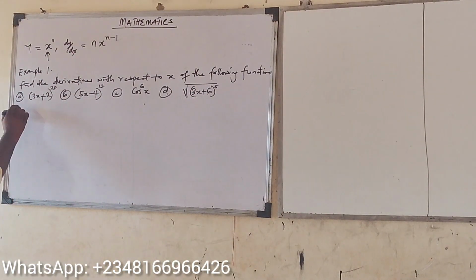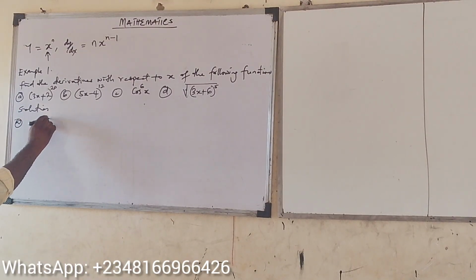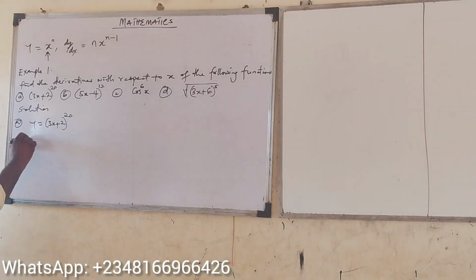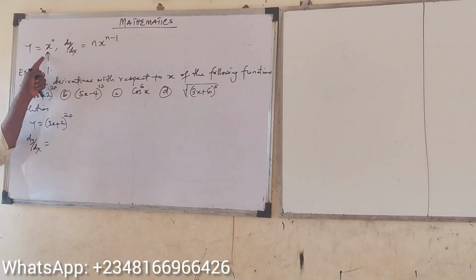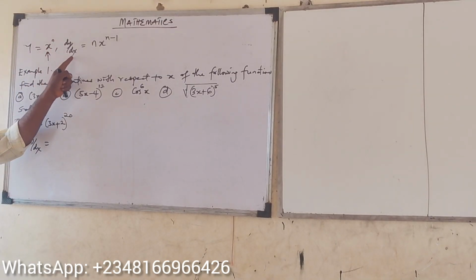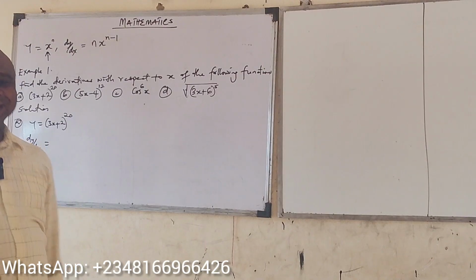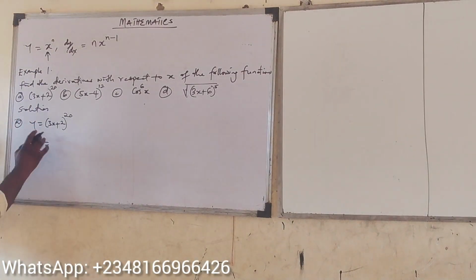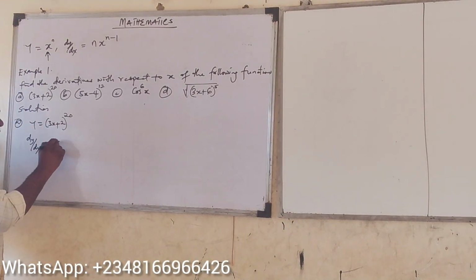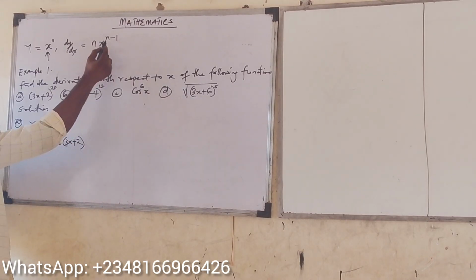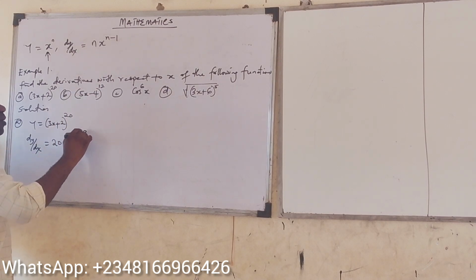Solution. Now A, we have y is equal to 3x plus 2 all raised to the power of 20. The first way of doing this is to differentiate dy/dx. We said if y is equal to x power n, then dy/dx is nx raised to the power of n minus 1, so you can apply the same here. dy/dx will be 20 in bracket 3x plus 2, and when you minus 1 from 20, it becomes 19.